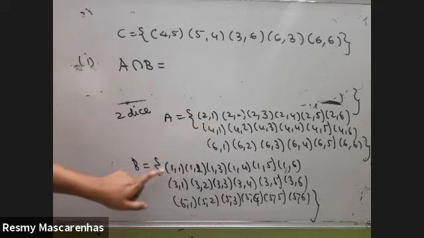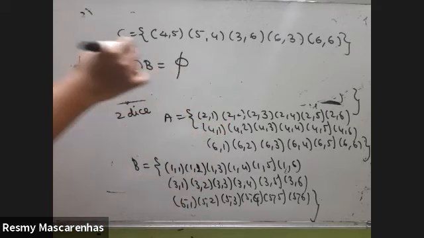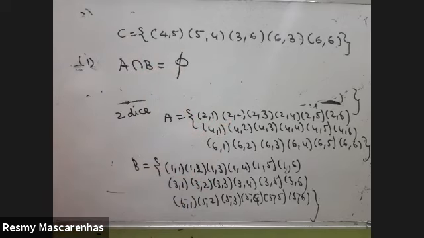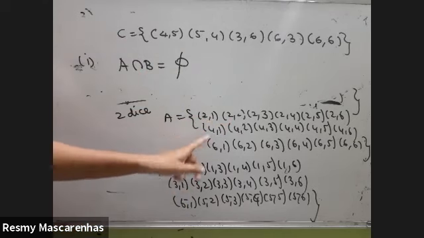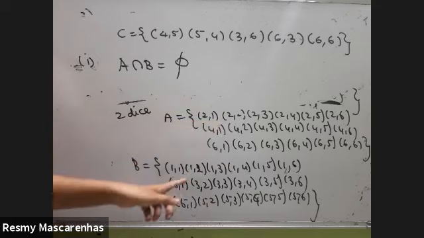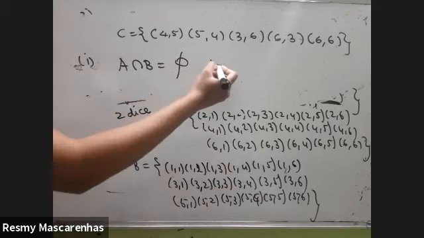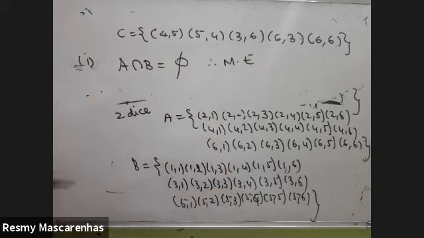This is 2 comma 1, there will be no 2 comma 1 here. Same way, there is no 2 comma 2. Nothing common between A and B. No pair is same. Don't compare the reverse ones. Don't say 2 comma 1 is same as 1 comma 2. It should be in the same order. So definitely, therefore, mutually exclusive.